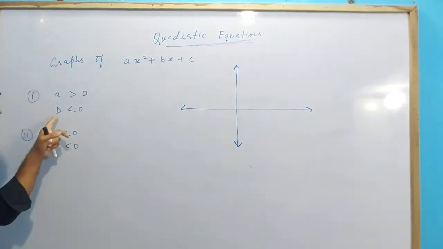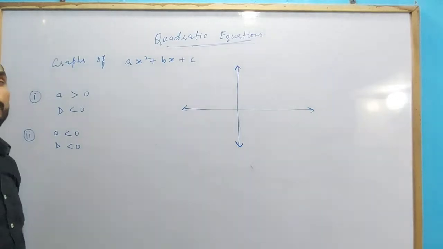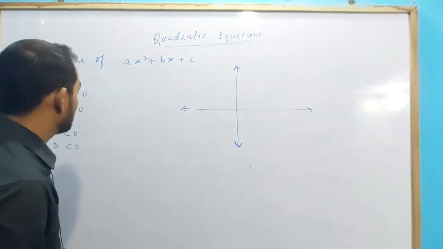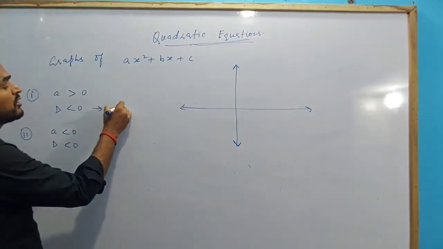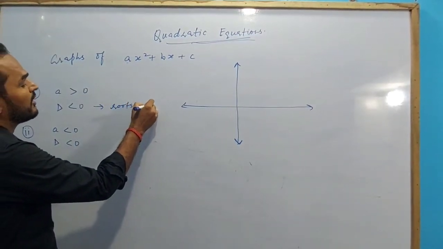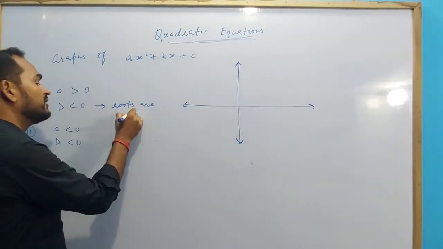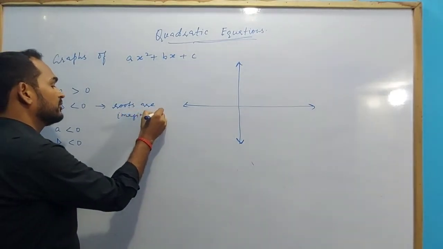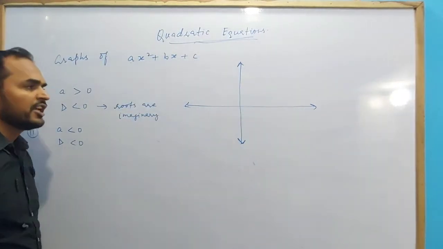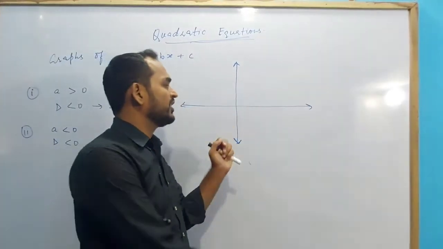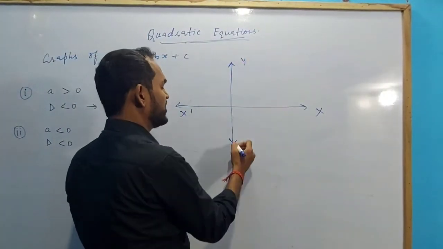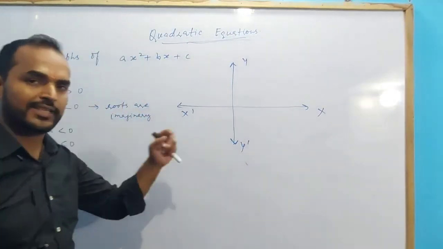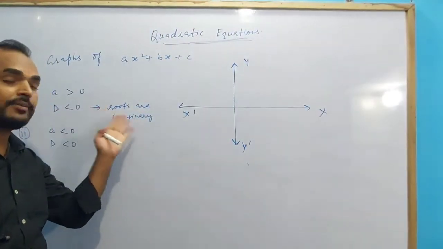But d less than 0, and I have just taught you that when d less than 0, roots are imaginary. It means you cannot find any point on the x-axis to represent the imaginary roots. You cannot find any point on the x-axis because it's not real, it's imaginary.